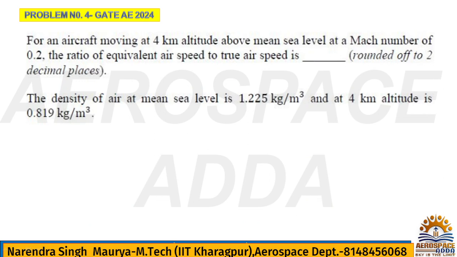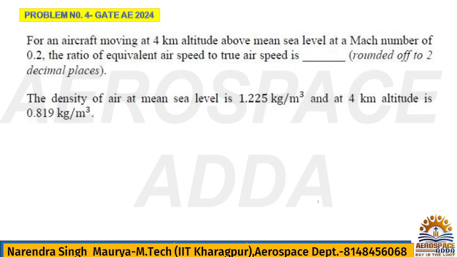Listen, an aircraft moving at 4 km altitude above mean sea level at a Mach number of 0.2. The ratio of equivalent airspeed to true airspeed is asked. The density of air at mean sea level and at 4 km altitude is given.